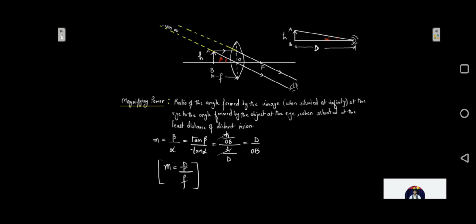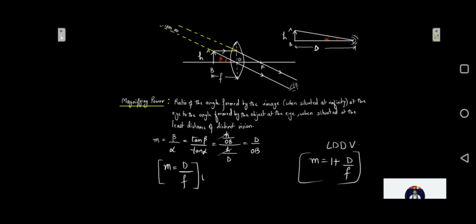If you compare this magnification with the previous case, when the image was formed at the least distance of distinct vision, the magnification was 1 plus D upon F. So the magnifying power in this case is 1 less than the magnification when the image was formed at the least distance of distinct vision. But the viewing here will be more comfortable than the previous case.